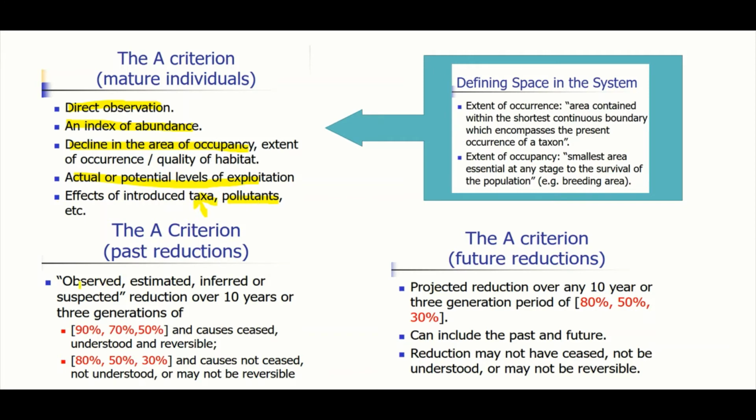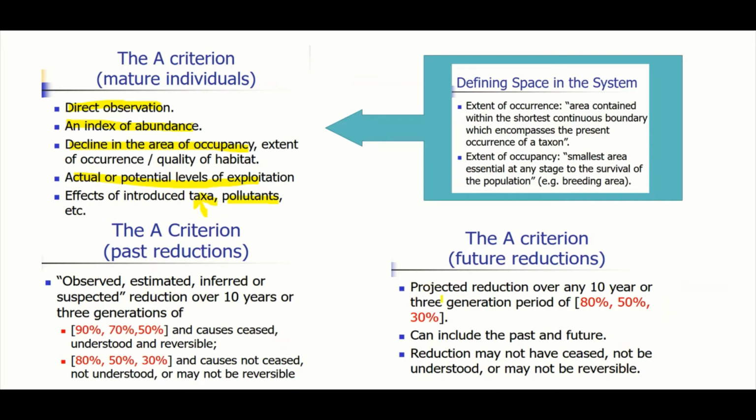For past reductions, we have observed, estimated, inferred, or suspected reduction over 10 years or 3 generations of 90%, 70%, 50%, and causes ceased, understood, and reversible. We also have 80%, 50%, 30%, and causes not ceased, not understood, or may not be reversible.